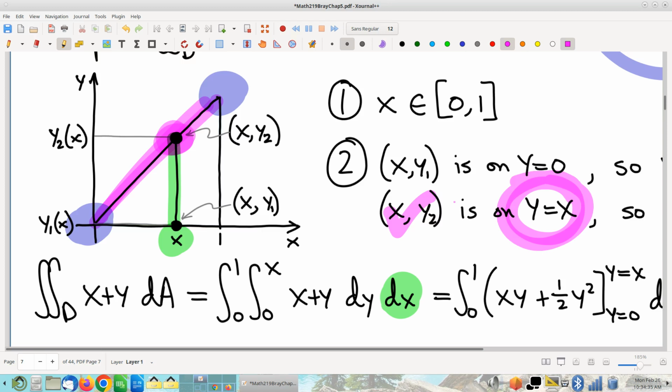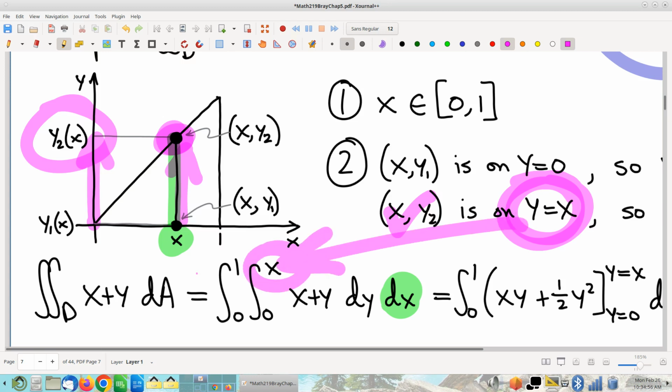And the whole purpose of this whole business is I'm thinking now about the range of values of y over my given x slice. And so what I am looking for here is a y bound. I want to find in this equation, how can I write y as a function of x? And it's a very easy function of x. y, solving for y and writing it in terms of x, is just x. Gotta love it.